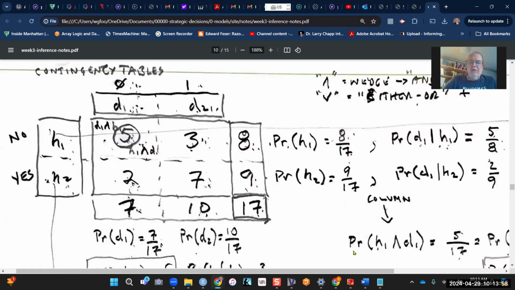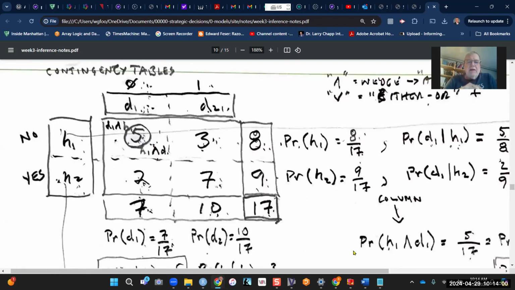So you can't get around that. But now we can get a little bit deeper into what these numbers are by row or by column. Now by row, just pretend all of this is grayed out right now. We're just looking at 5 and 3 and 8, which is the row for H1.